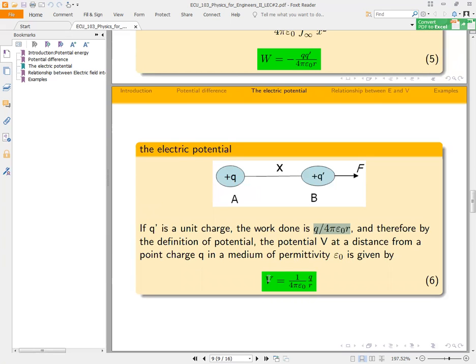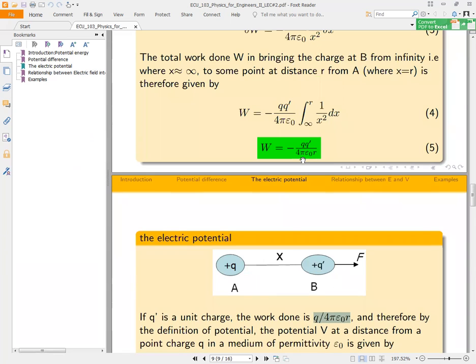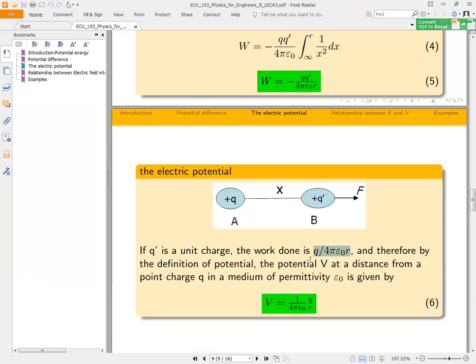When you're dealing with a charge that is 1 unit, you get electric potential. So equation number 6 is electric potential. Equation number 5 is potential energy. All right, please take note of that.